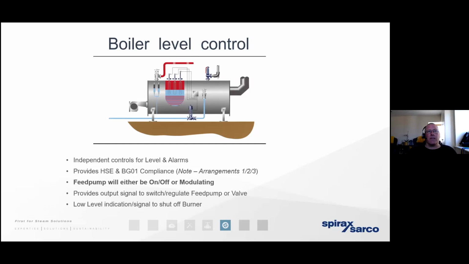Now, a magnetic float and a conductivity probe can only send a signal to an on-off feed pump. And an on-off feed pump is easy to install, it's cheap to purchase, but its limiting factor is that there can be quite a volumetric difference between the water from the low point to the water at the high point.